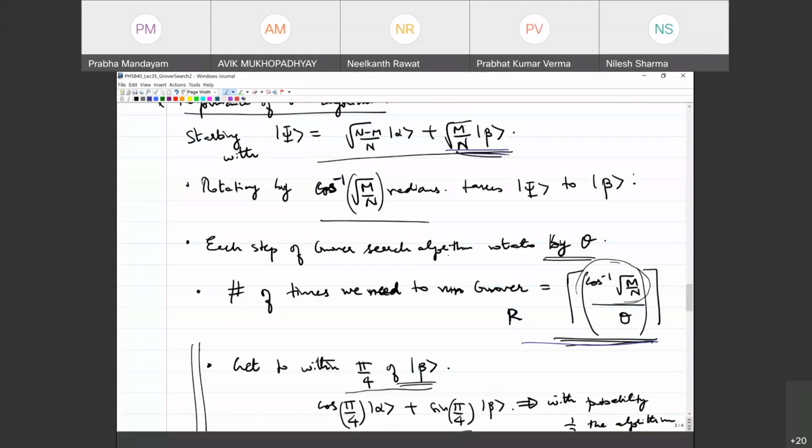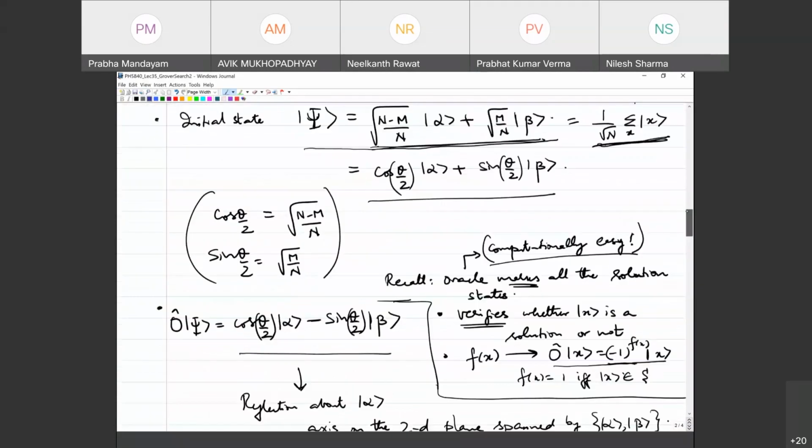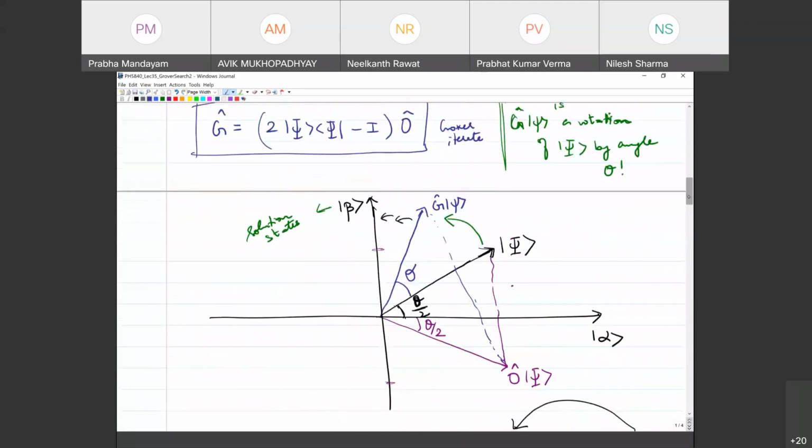So m is less than n by 2, so m by n is less than or equal to half. So this coefficient is less than or equal to 1 over square root 2. So what can you say about the initial angle, the starting point of this state? The angle is less than.